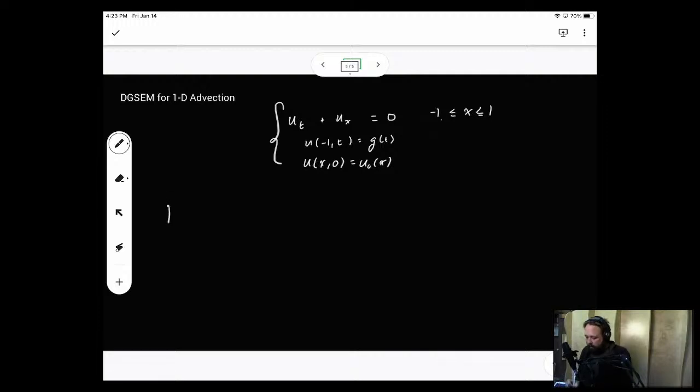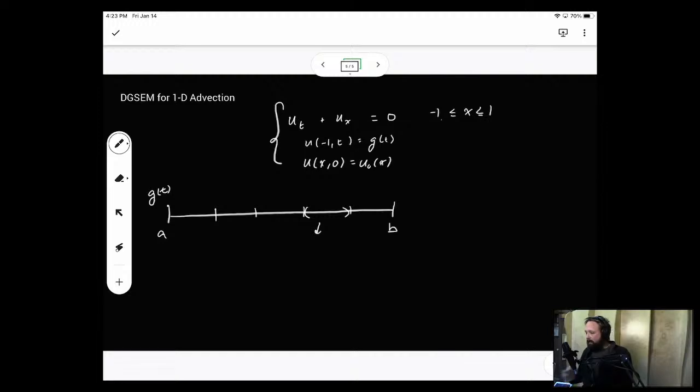So what that means is, in general, if I am on A to B, I'll divide that line segment up into multiple elements. And inside each element, I'm going to solve that boundary value problem. And over here on the complete left side is where I'll enforce that boundary condition.